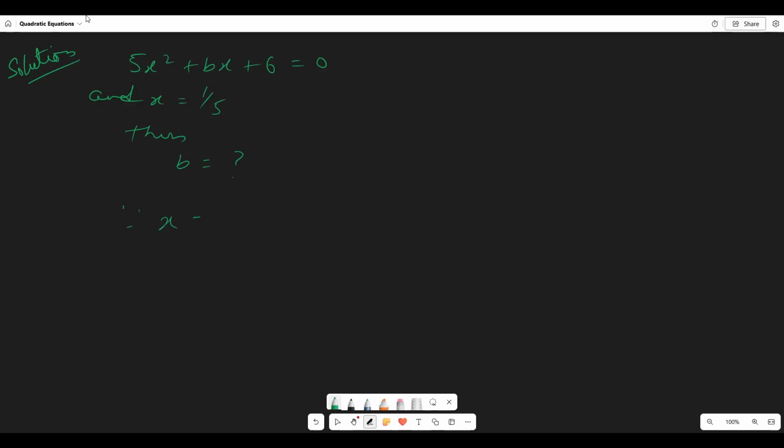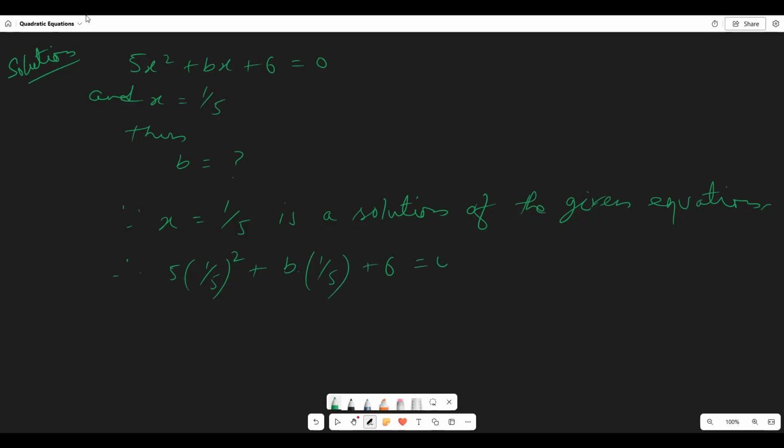Since x equals to 1 by 5 is a solution of the given equation, therefore we will replace the value of x with 1 by 5: 5x square, 5 into 1 by 5 square, bx, b into 1 by 5, plus 6 should be 0.